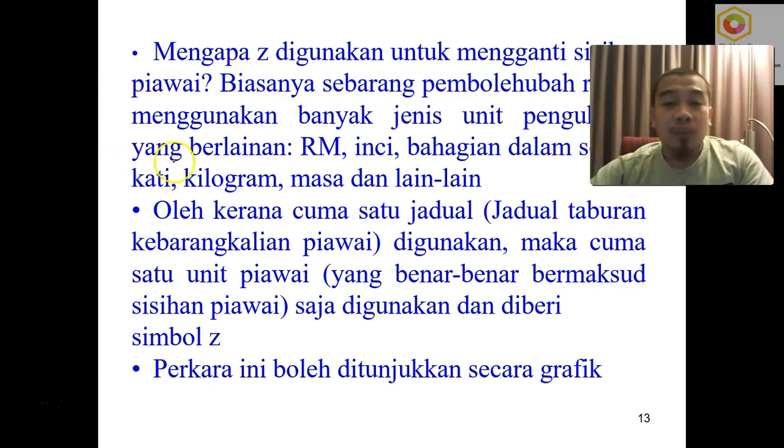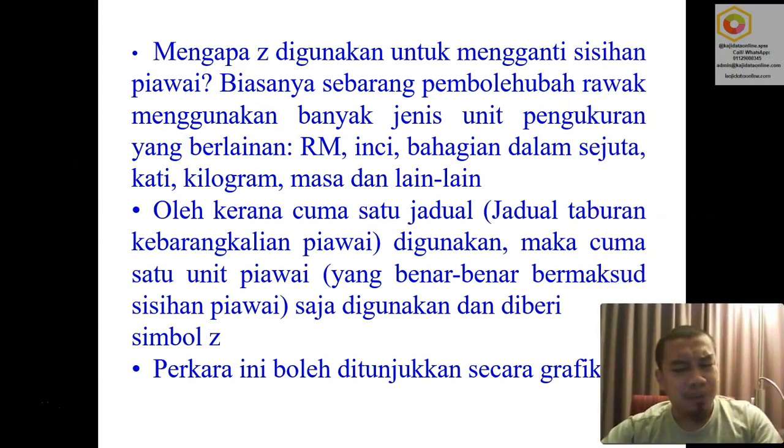Okay, so why are we using z? This is the interesting part that you need to clearly understand. With z, we make everything standardized. For example, I have money, I have weight, I have height. All of these differ in terms of scale. So how do we make them standardized scales?